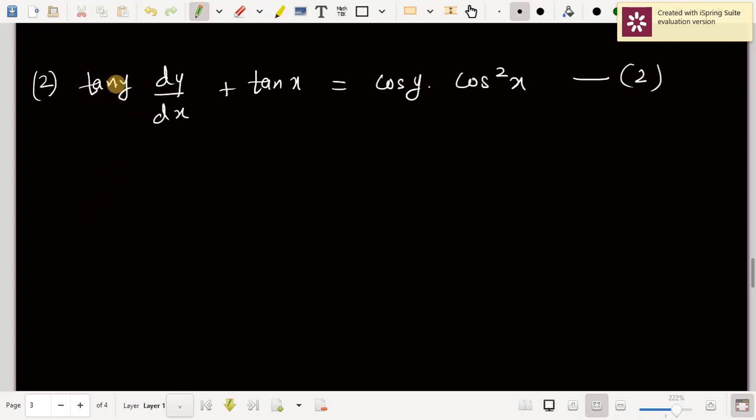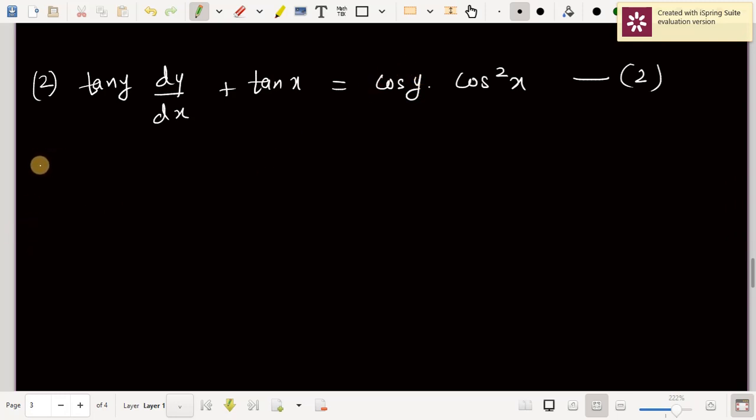See, this is of the form some function of y into dy by dx plus tan of x plus you have cos of y into cos square of x. So that's a function of y that is appearing over here. Now we will see what will happen if I divide this whole equation by the function of y that is appearing over here.